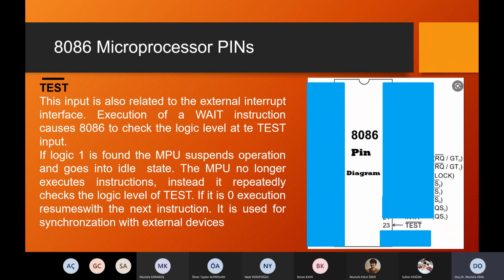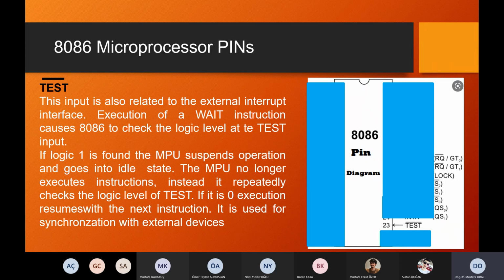So whenever a wait instruction occurs, because there are instructions, as you know, and you started learning in the laboratory, wait is one of them, then programmatically you are waiting for something to happen.